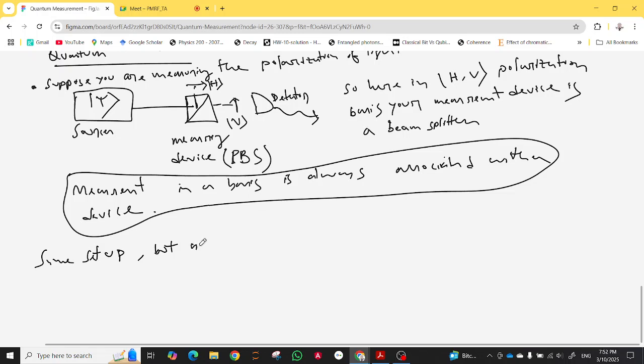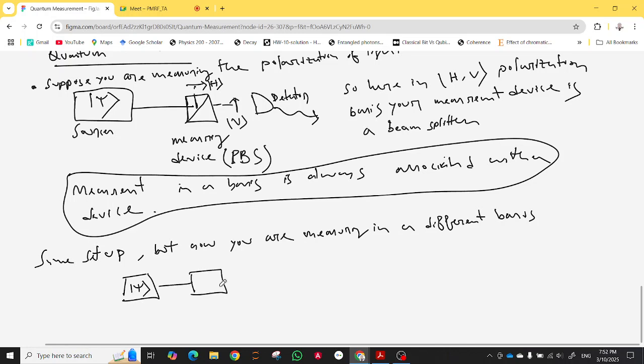I'm just telling why basis is important. You have the same setup: the source which has wave function psi, some measuring device, and this is your detector.